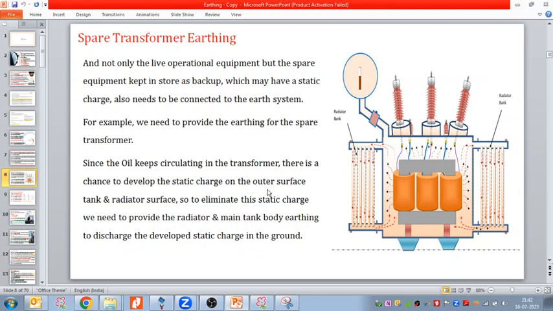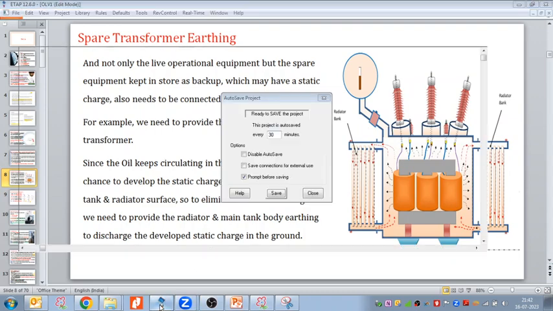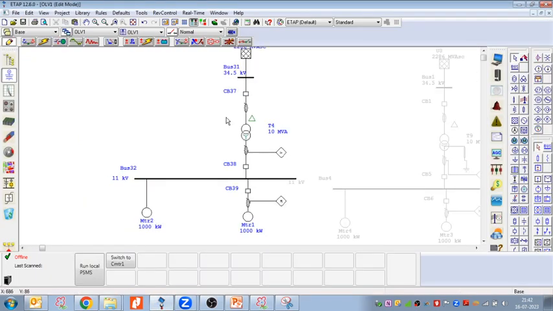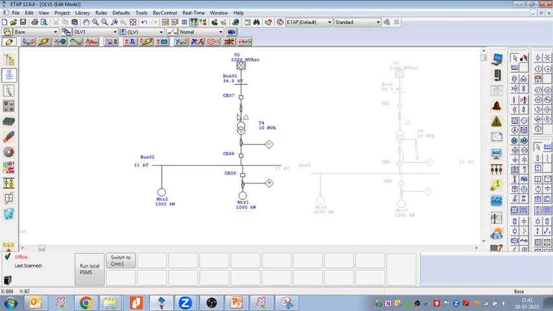To explain that situation, let me go through ETAP. I take one example; just to save time, I am going with an already developed SLD. I think we have already discussed how to draw these SLDs in ETAP, so let me quickly go through the concept. Here we have a grid.